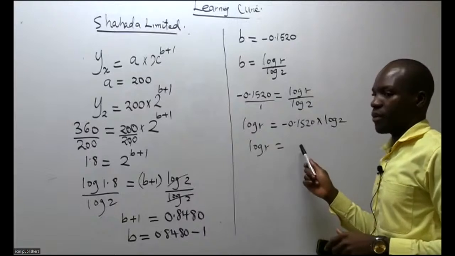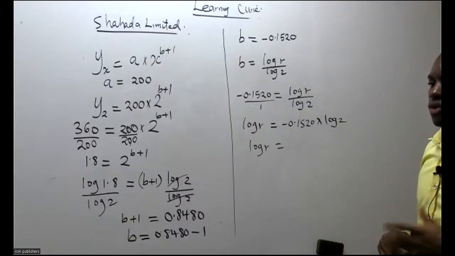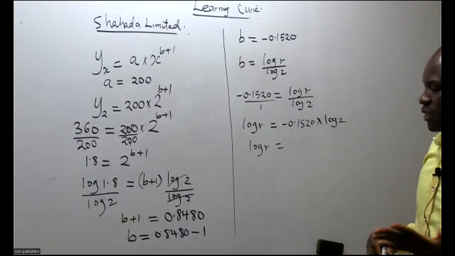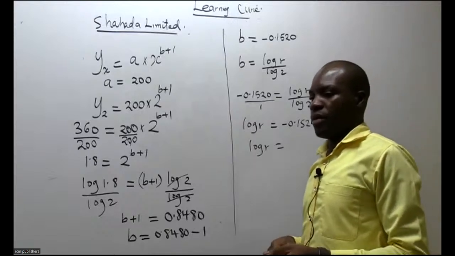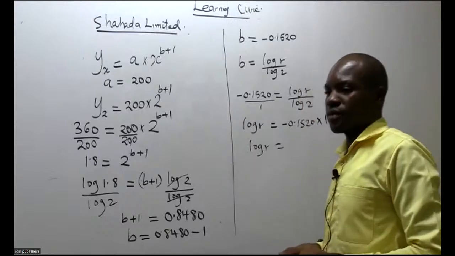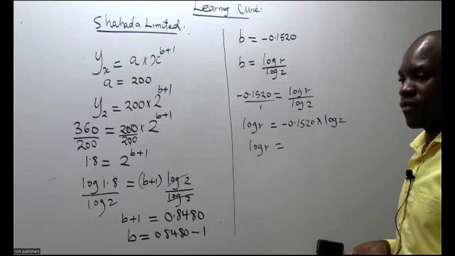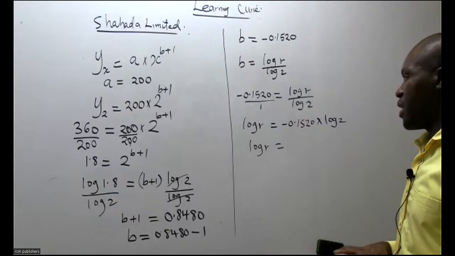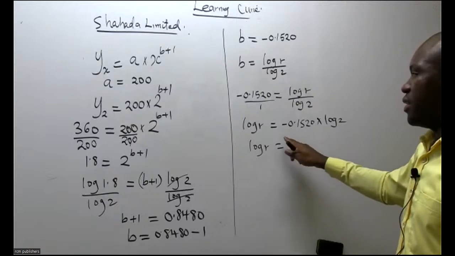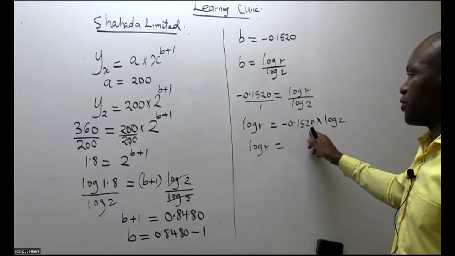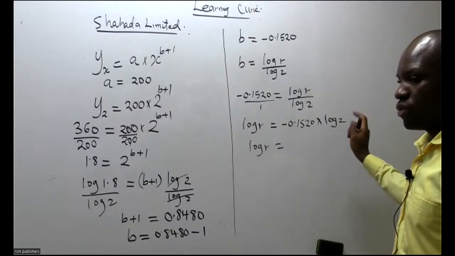What will you have here? To at least 4 decimal places will be okay. Just go to your calculator. Negative 0.1520 times log 2.